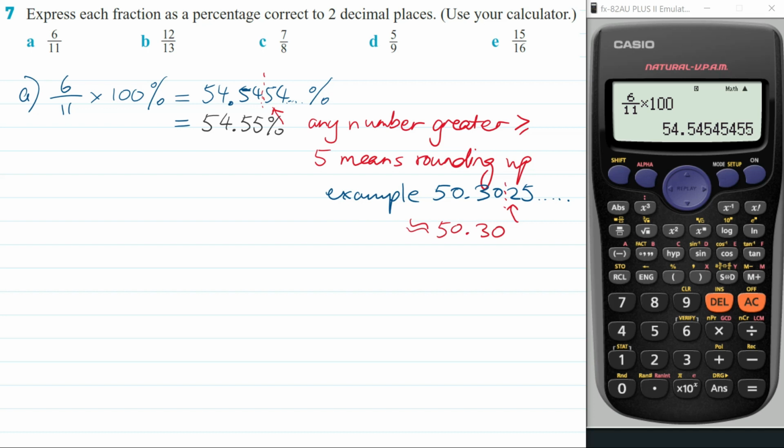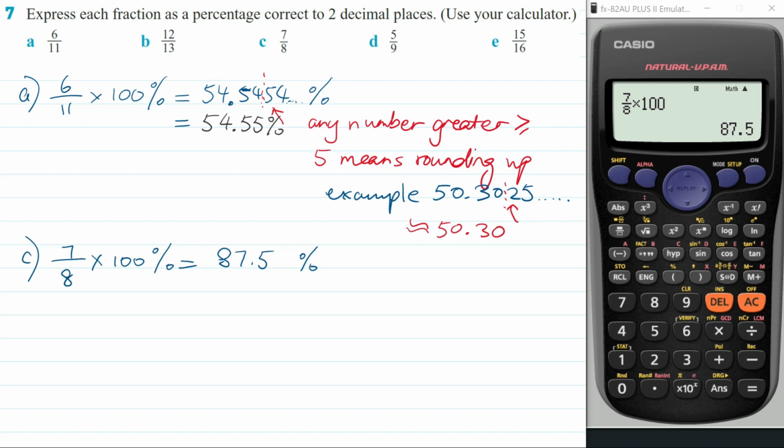The next one that we are going to do is part C. Okay, in part C, we've got the fraction 7/8. If we times that by 100%, what is that going to give us? Let's use the calculator. 7/8 times 100 equals to this number there. Now I'm going to press S to D, and I've got 78.5.